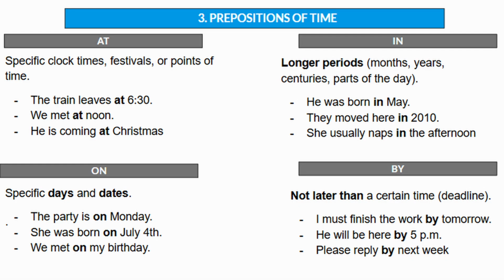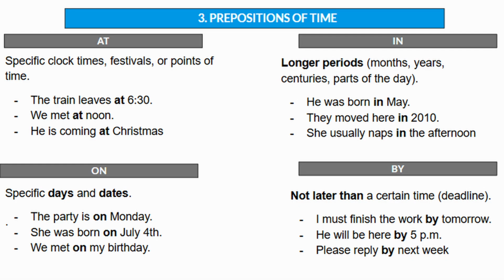Preposition of time: in. For longer periods, months, years, centuries, and parts of the day, we use the preposition in. He was born in May. In May, in June, in January, in December, in September, in October, and so on.